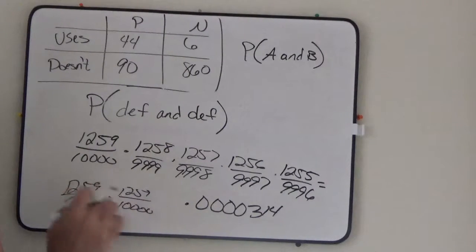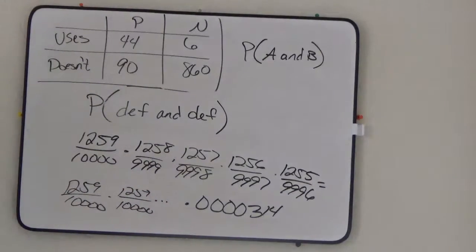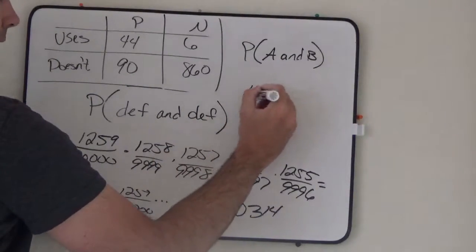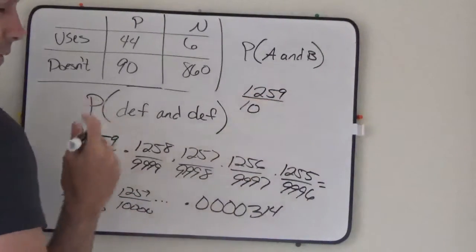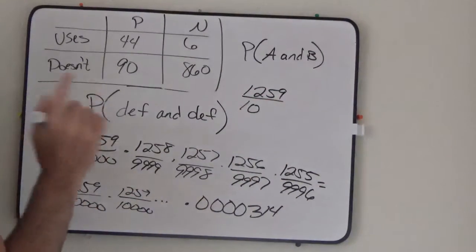Now the reason why this is nice, I'm going to put 3 dots to indicate that we're going on through 5. What we would end up doing here is 1,259 over 10,000, not 12,000, I keep saying that, I don't know why.